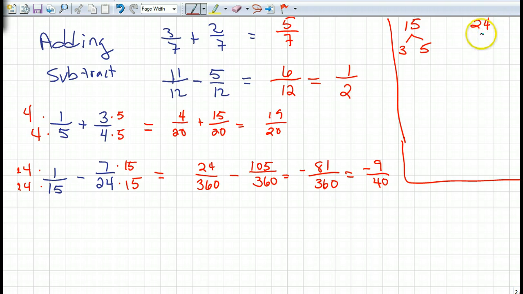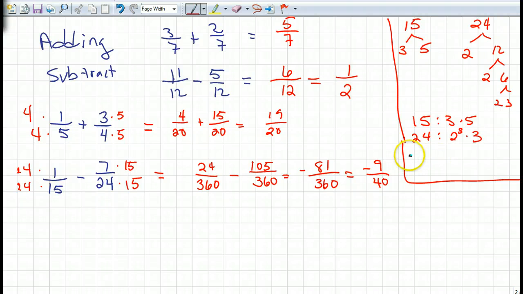If I take 24, my prime factorization of that is 2 times 12. Reduce that from 2 to 6 and 2 to 3. So 15 I can write as 3 times 5, and 24 I can write as 2 to the 3rd times 3.